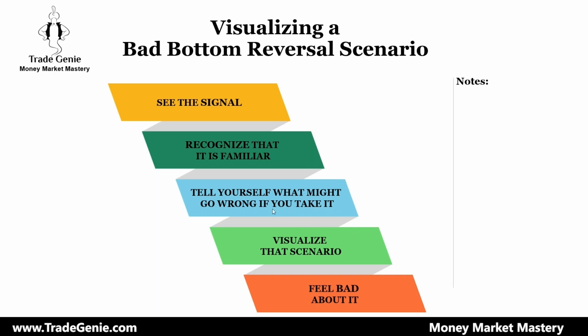You created a story in your mind, but you have seen before that it works, and it's a profitable trade. But then we all create this step of visualizing what can go wrong, and then we don't take the action. We visualize that scenario and we feel bad about it. We visualize how much money we will lose. So this is not a good scenario.